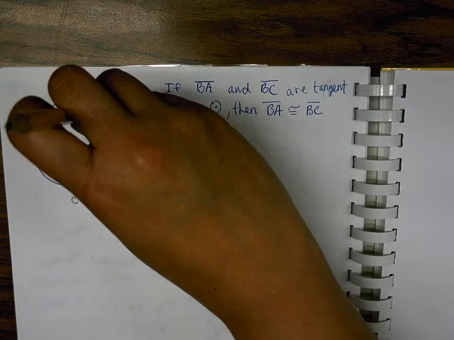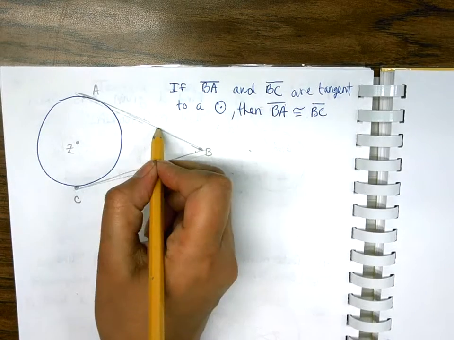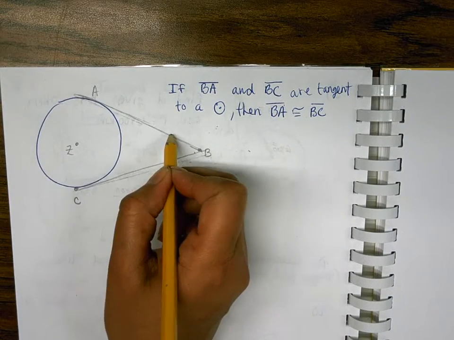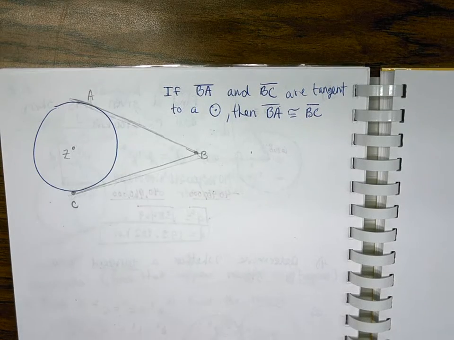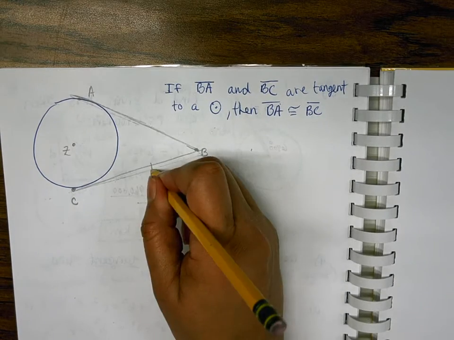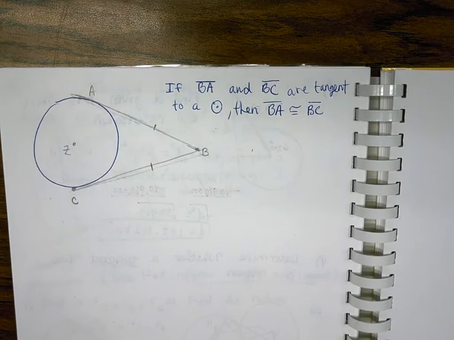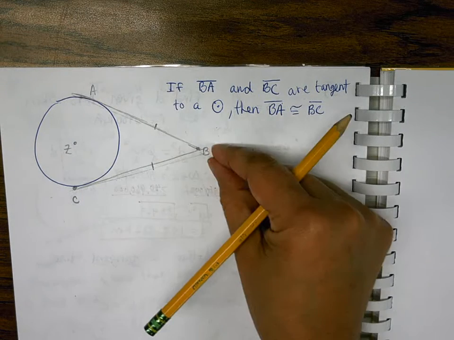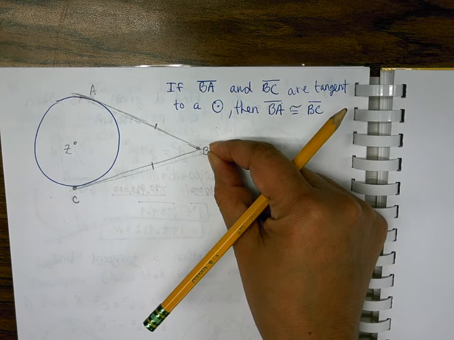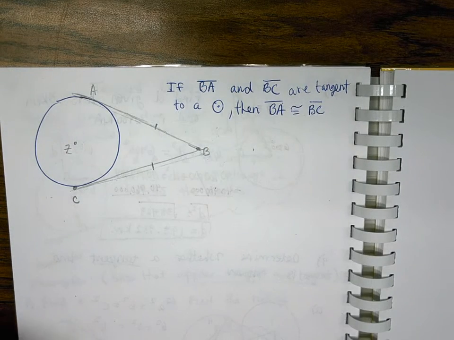All right, what does that mean? I always think of these as like a snow cone problem. These segments here will always be congruent if they are tangent and intersect here at the same point.